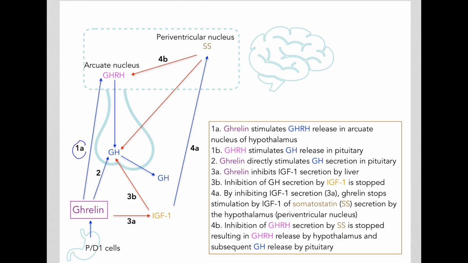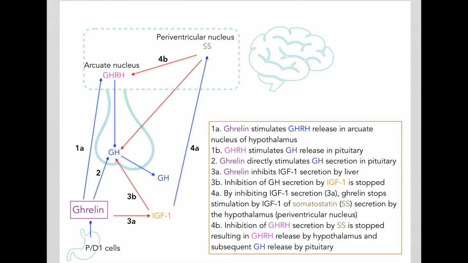One is ghrelin will go to the hypothalamus and stimulate the release of GHRH, and this GHRH will then stimulate the release of growth hormone by the pituitary gland. Another way is a direct effect on the pituitary gland. So ghrelin will stimulate the pituitary gland, and the gland will start secreting more growth hormone.